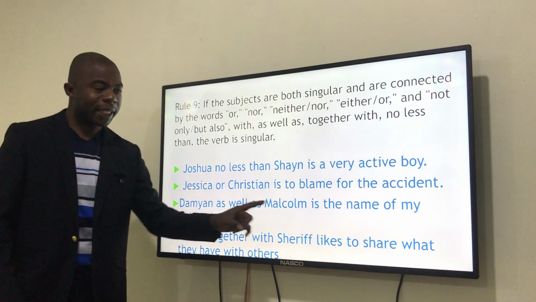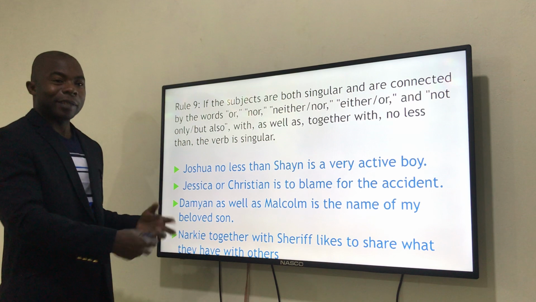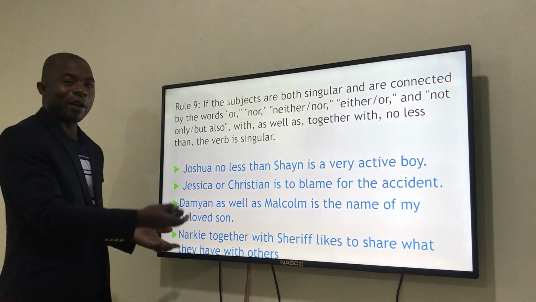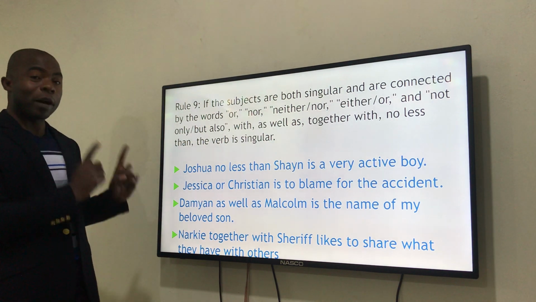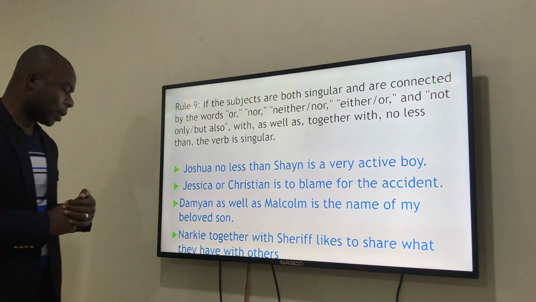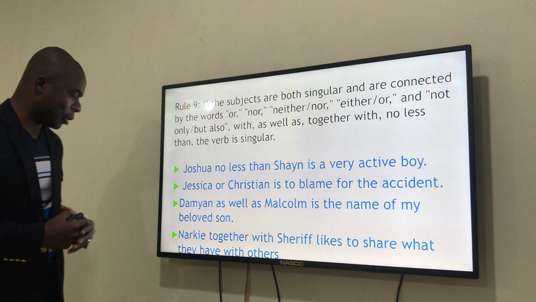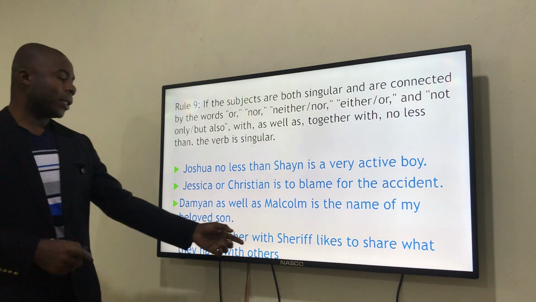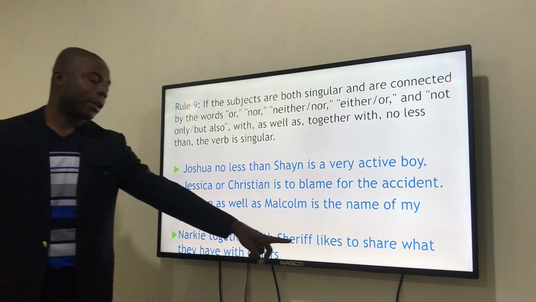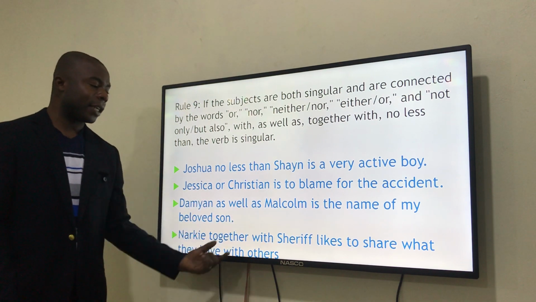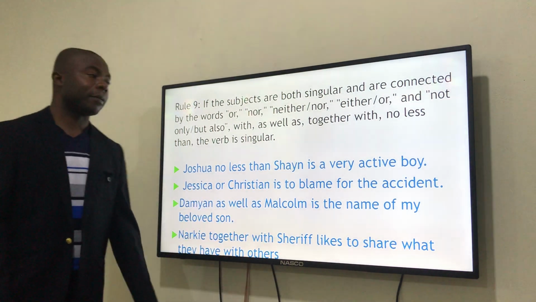Even though the meaning is that both of them do that, when it comes to the grammar of subject-verb agreement, it's as if only one of them does that. So Naki together with Sharif likes. Naki, singular, Sharif, singular, joined by the connector together with, the verb is singular.